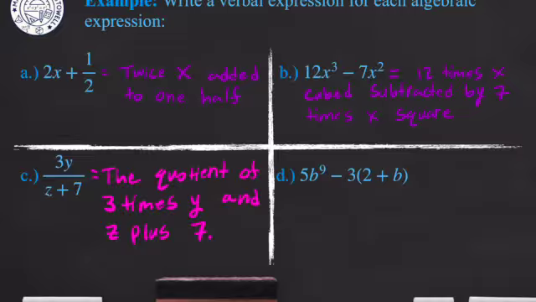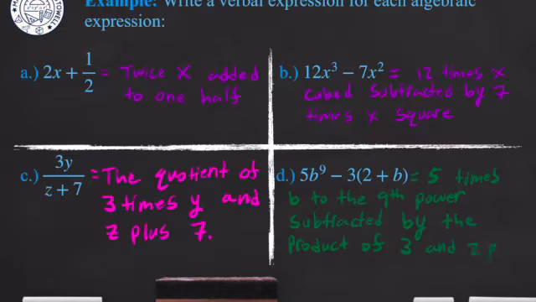For D, this one's interesting. We have a lot going on. Let's first say that we have 5 times b to the 9th power subtracted by the product, because we have multiplication, the product of 3 and 2 plus b.